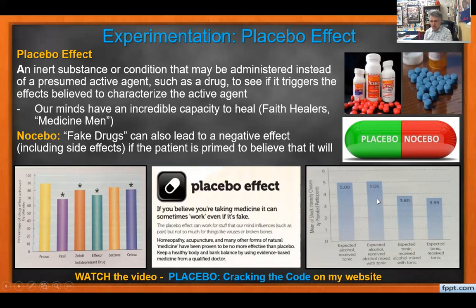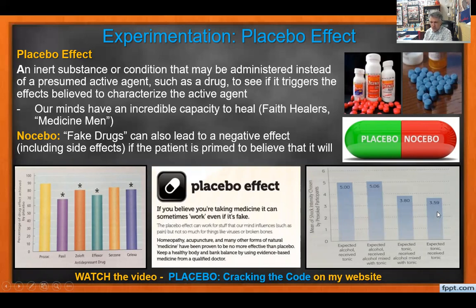This other graphic you see over here, again, these people expected alcohol, received tonic. These people expected alcohol, received alcohol mixed with tonic. Then they wanted to see how aggressive these people were by giving shots to other people. And you'll notice those who expected alcohol but didn't get it were about as aggressive as those who did receive it, because again, alcohol is a depressant and it takes away your inhibitions. These people over here expected tonic water, received alcohol mixed with tonic water.